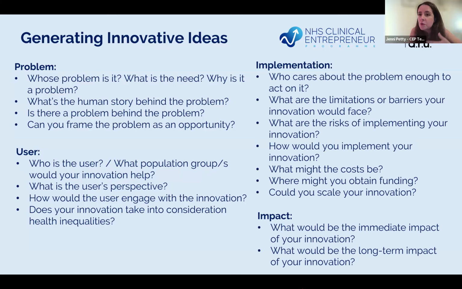As we talked about, really understanding the problem, who the users of your innovation would be, the practicality of how it would be implemented, what risks, limitations or barriers you might come up against, and reminding yourself of the impact, both short term and longer term.